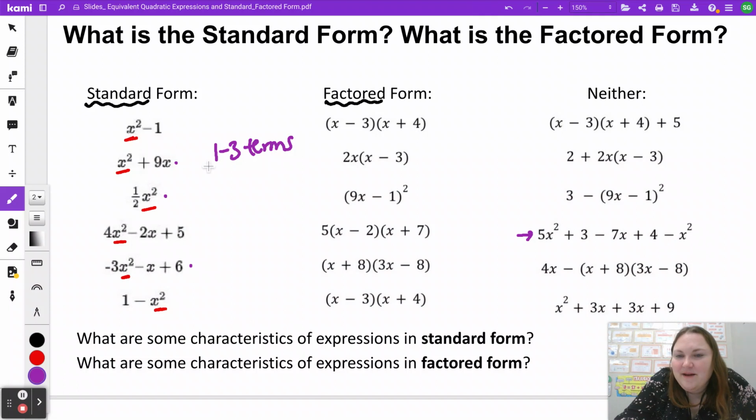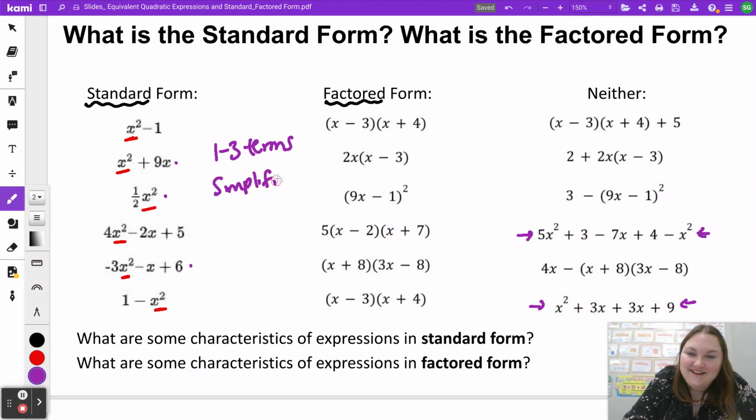So thinking about those 1 to 3 terms, one of the things you also might have noticed about all of these that's different for this one or even maybe this one is all of these are simplified. And looking over here at the ones that we said neither that had the x squared in, the problem with those is that they are not simplified yet. Standard form is always going to be simplified.